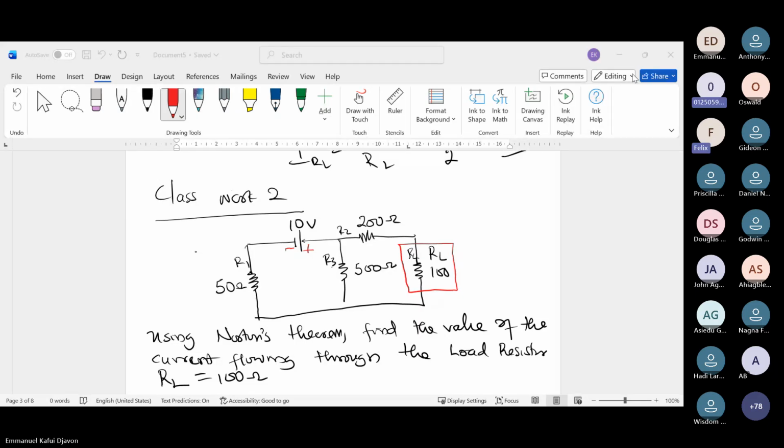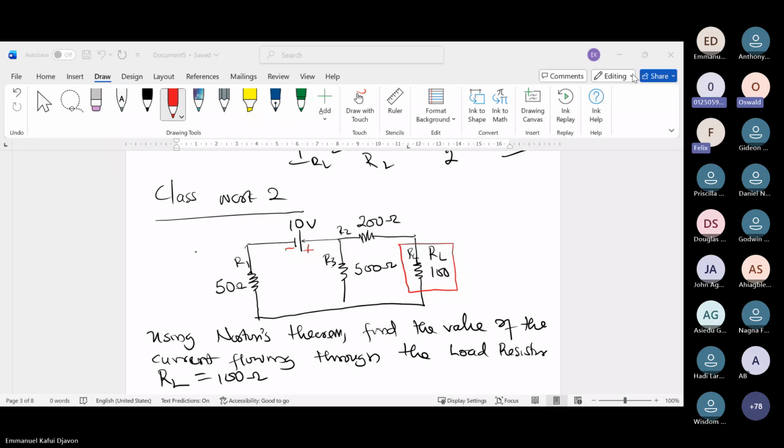So you are solving for the one at the 10 voltage source, right? We are solving from the R2 and R3 network first. We are closing the 100 load over there. We are not using that one at all. So right now we are using R3 and R2.